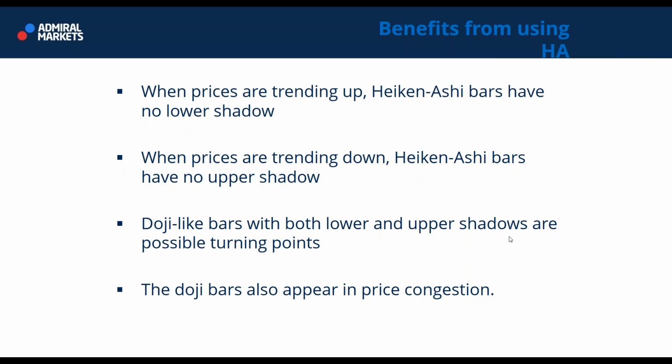Doji-like bars with both lower and upper shadows are possible turning points. And doji bars also appear in price congestion. So it's very important that you notice these things. I will also explain why, but this is just for your reference.